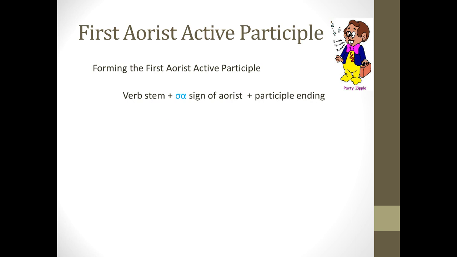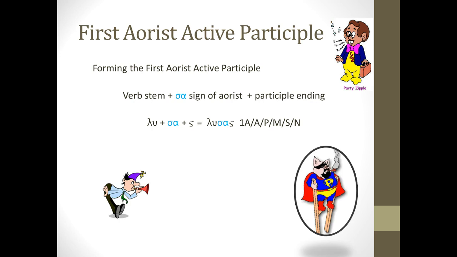Let's look at the example we have here. We start with our lu stem, our sigma alpha, which is the indicator for us that we're dealing with the aorist participle. And then in the case of the nominative, it's just simply a sigma. And so in the first aorist active participle, masculine singular nominative, lu becomes lusas. Again, just verb stem, sigma alpha, and your participle ending.